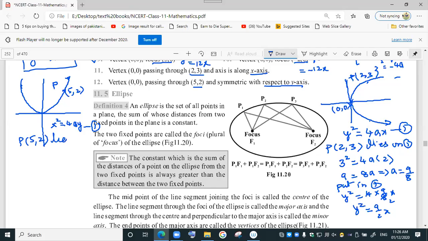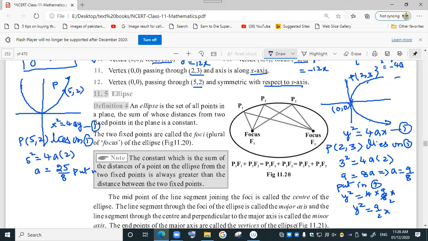Lies on equation one. Therefore, we can put x is equal to 5, 5 square is equal to 4a into 2. 4 into 2 is 8, so 5 fives are 25, a is equal to 25 by 8. This you can put in equation one to get the required equation.